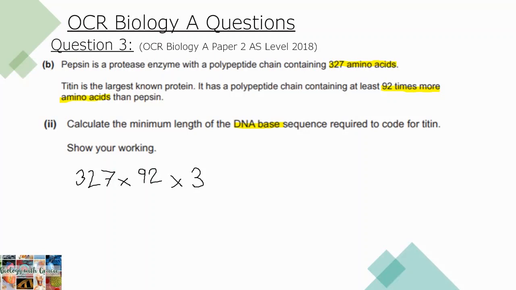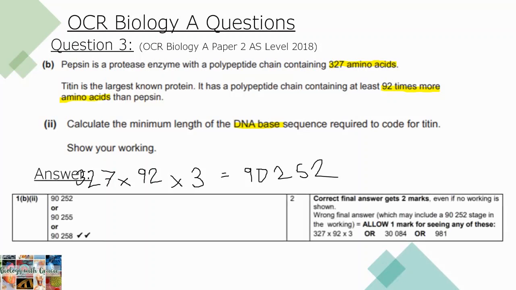And our answer for that is therefore going to be, so 327 times 92 times 3 equals 90,252. And we can see our answer there.